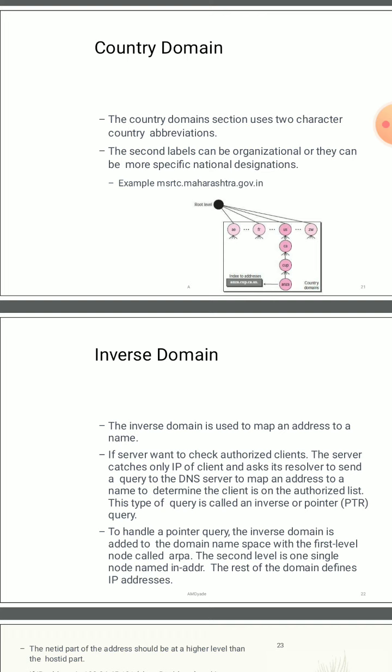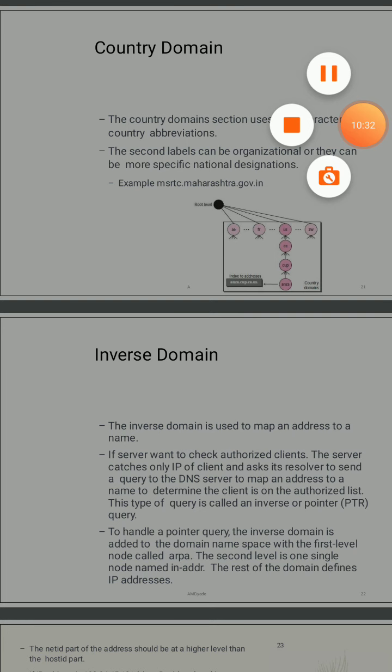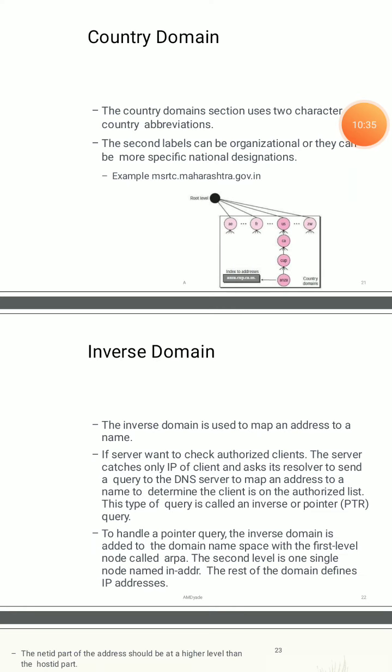The country domain section uses two-character country abbreviations, as I already said. So it has the extension dot two characters to represent its country domain.